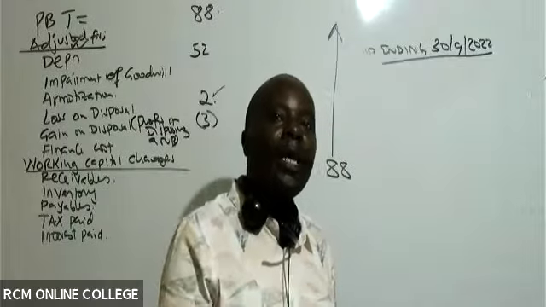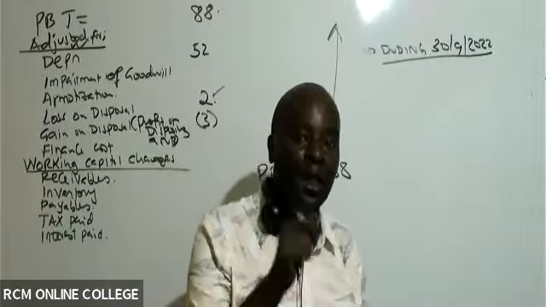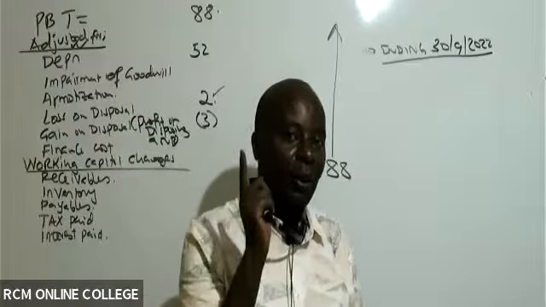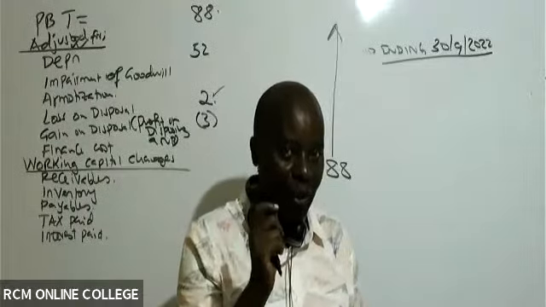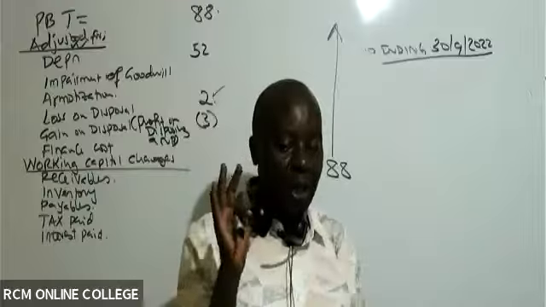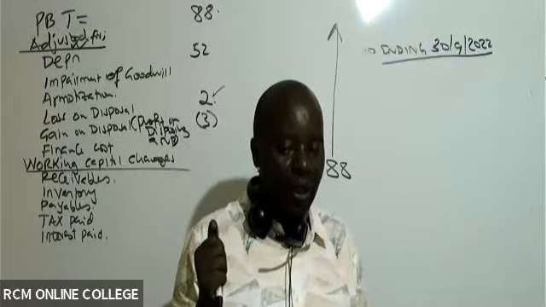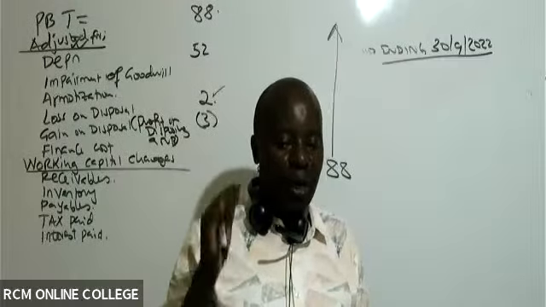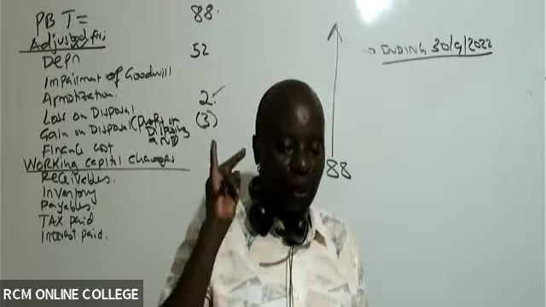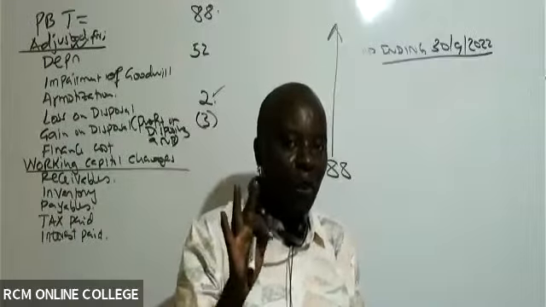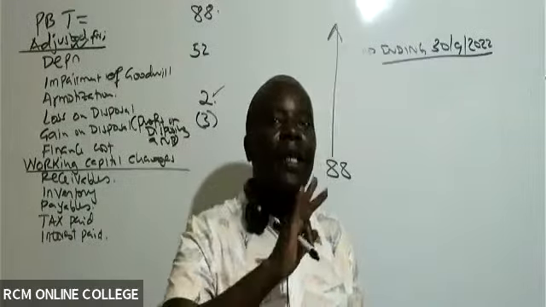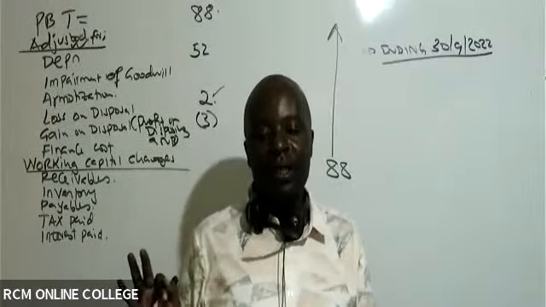When we started, I gave you 3 operational things. Are you able to remember those operational items that I gave you? There are only 3 operational items. We have revenue, we have cost of sales, and then we have operating expenses.